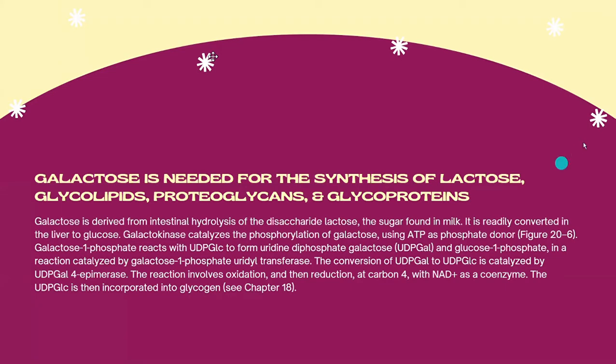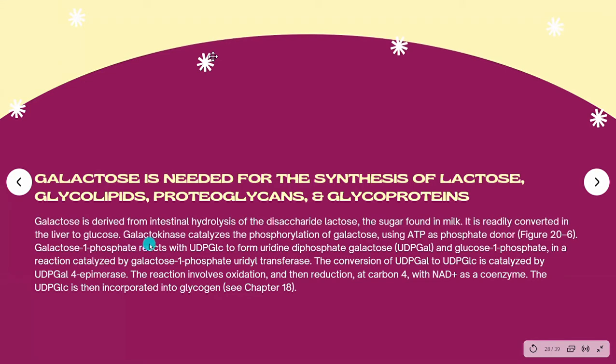Okay. But a good source of galactose is lactose, of course. And we get this from milk, mammalian milk. Disaccharide lactose, sugar found in milk. It is readily converted in the liver to glucose.